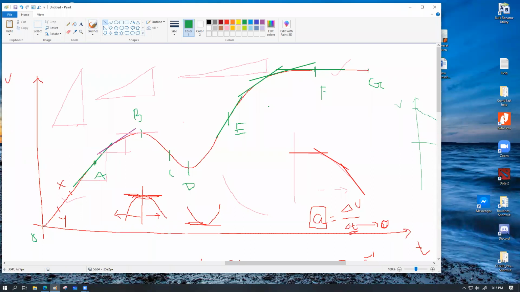I meant to draw this as a line starting from the origin upward straight, whereas D to E is visibly a curve. Okay.